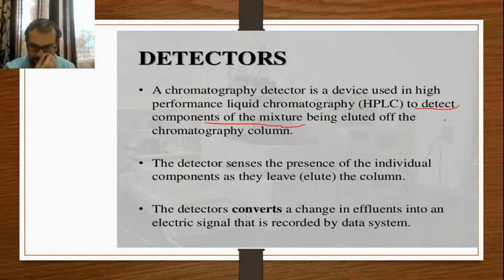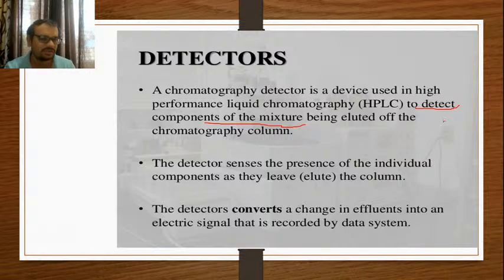Okay. So you have a thorough idea regarding what is a detector. Detector is a component of an HPLC system which detects the components of the mixture being eluted out of the chromatographic column. The detector senses the presence of individual components as they leave the column. Now this detection of the presence of individual components will depend upon the physical and chemical properties of the individual component. Remember, this detection system is totally based upon the fundamental principle of physical and chemical variation between the different components of the mixture.